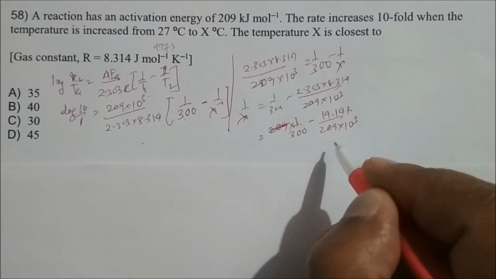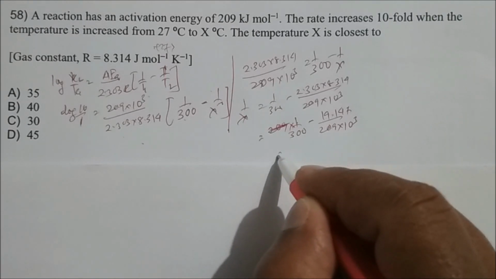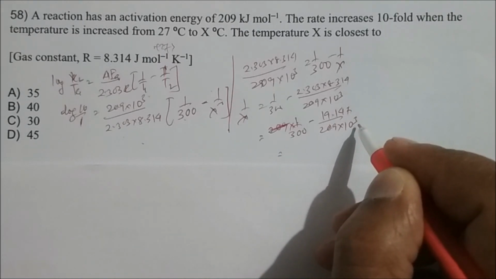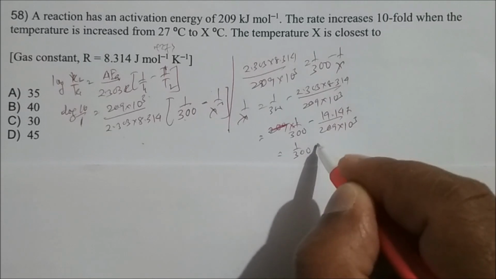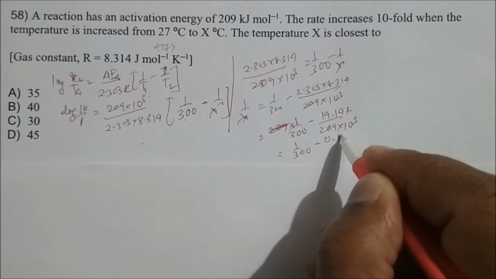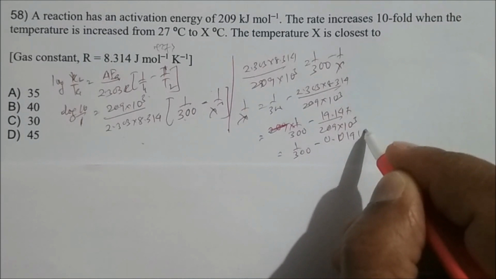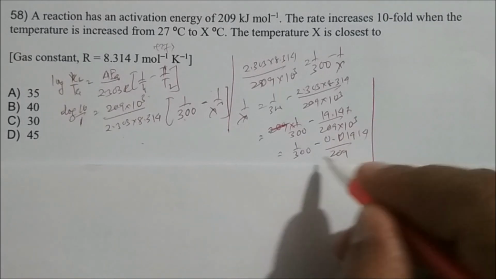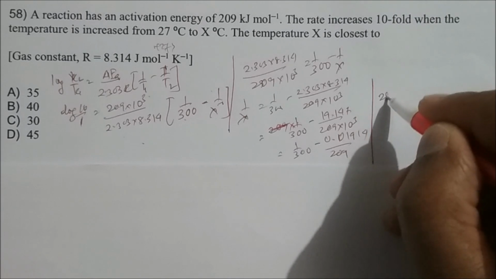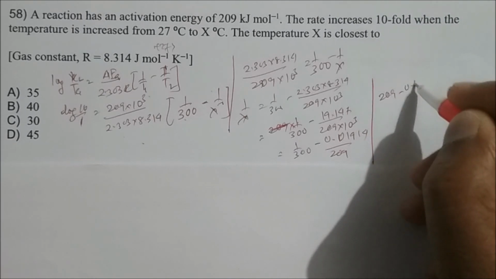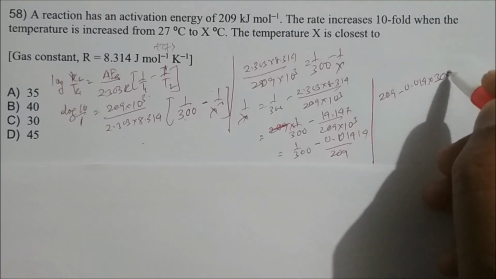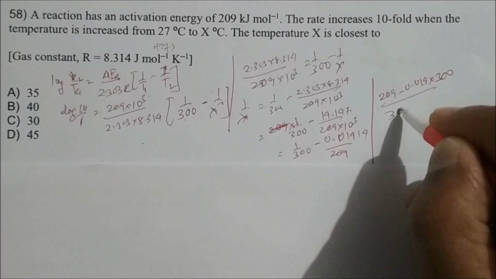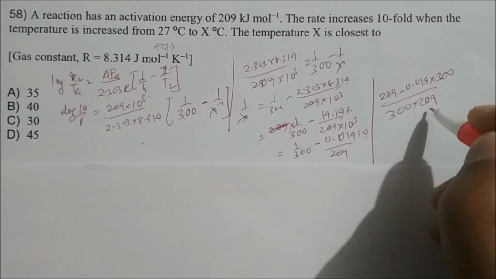We can write 1 by 300 and this 0.019 divided by 209. So now we take the common denominator: 209 minus 0.019 into 300, over 300 into 209.